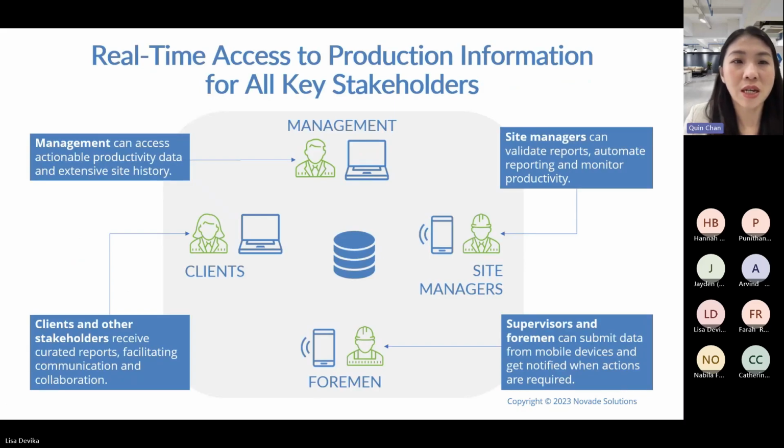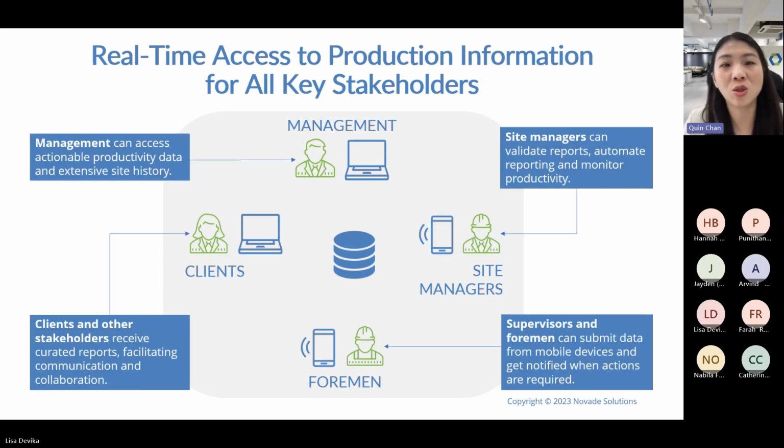So as I mentioned just now, all information is real time. So the user can access the production information for all key stakeholders. For example, management can access it easily.